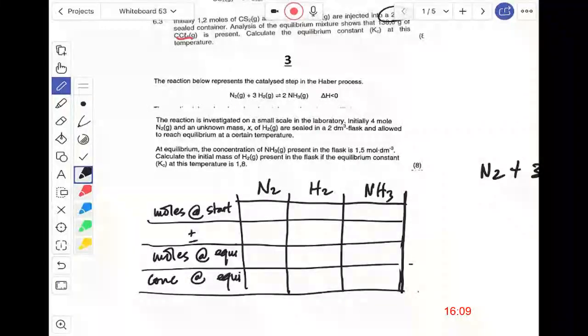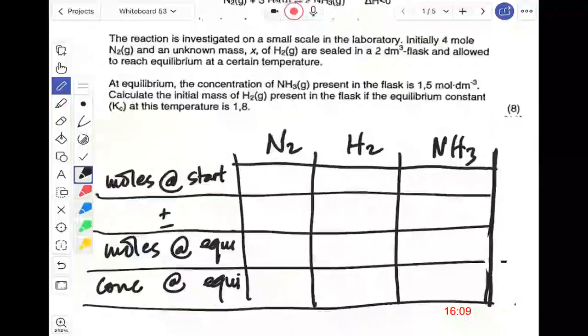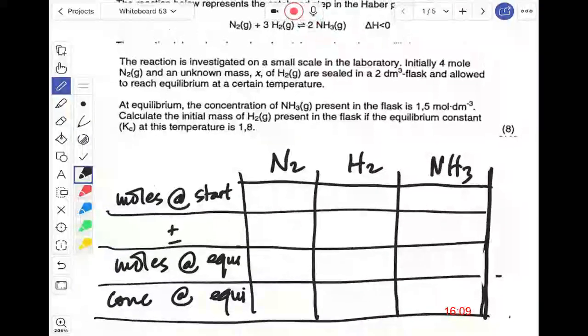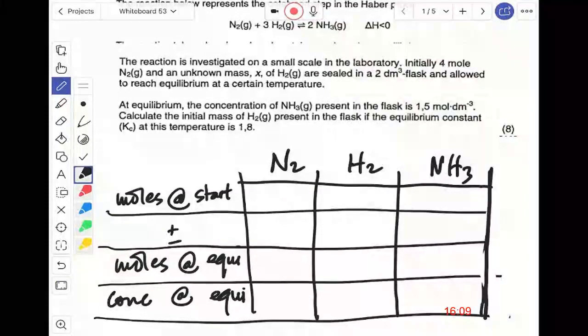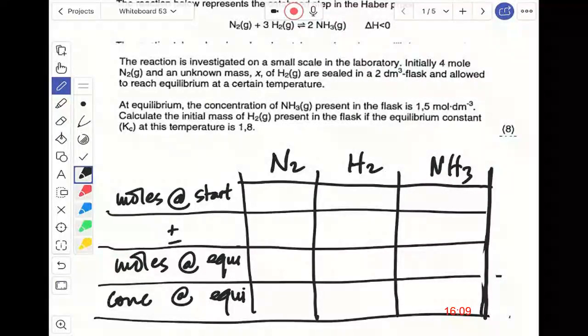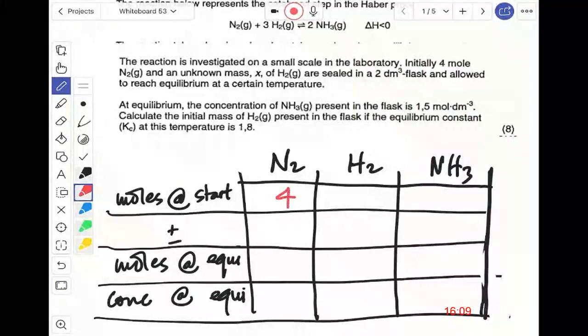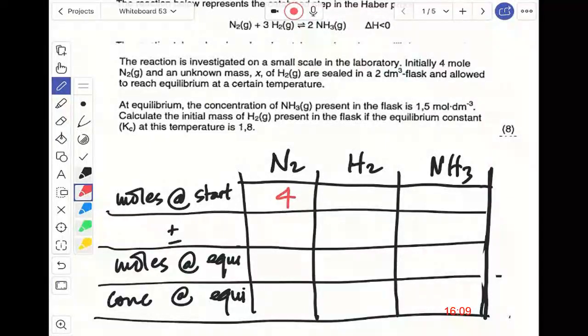Right. So when we look at this problem, the reaction is investigated on a small scale in the laboratory. Initially 4 moles of nitrogen, an unknown mass of hydrogen. I'm not going to worry about my unknown mass because we don't have mass in there.